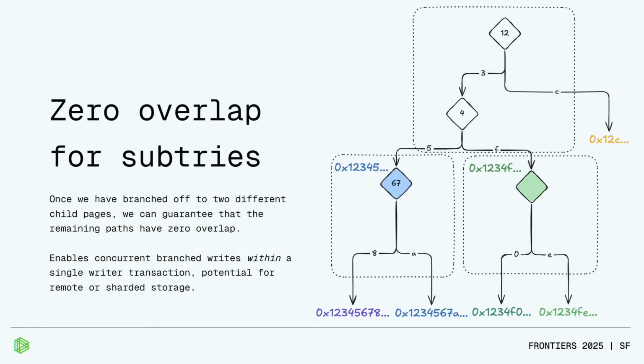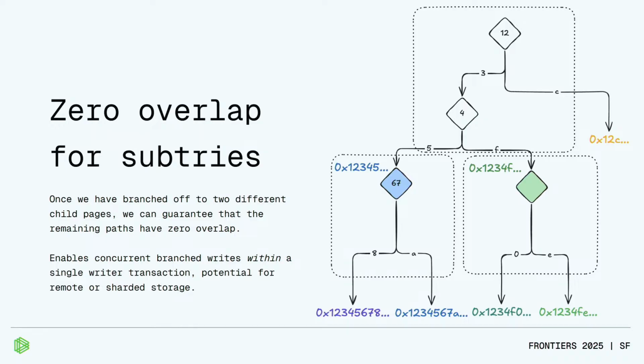So there are some interesting properties. Because we have these pages that represent subtries, if you're updating a bunch of leaves at the same time, you might find yourself branching off to multiple children that are on different pages. And that transitively gives us a completely non-overlapping view of the disk.